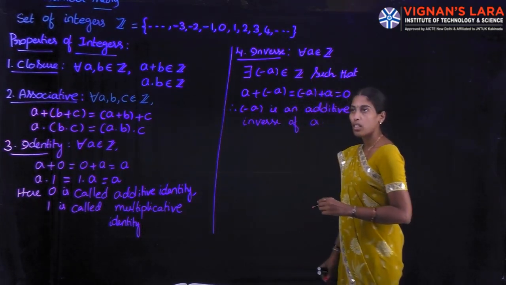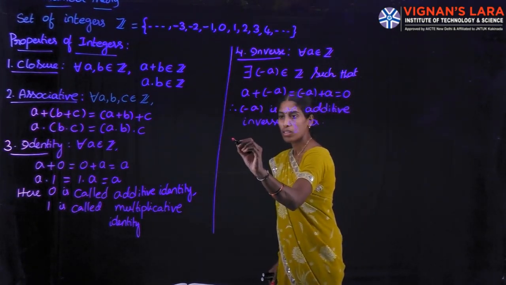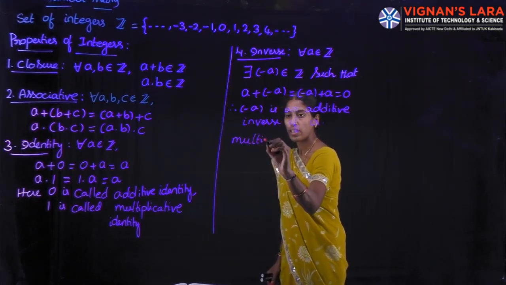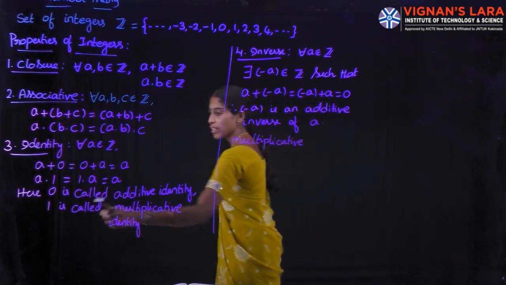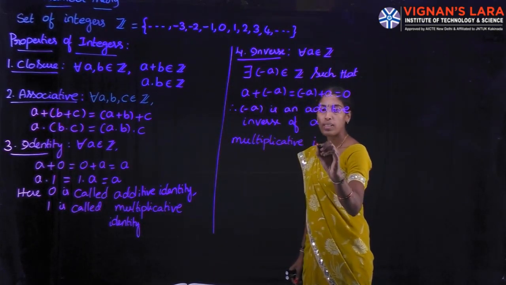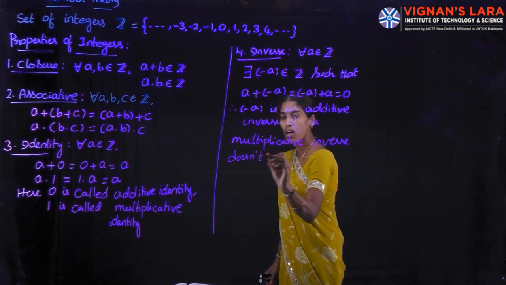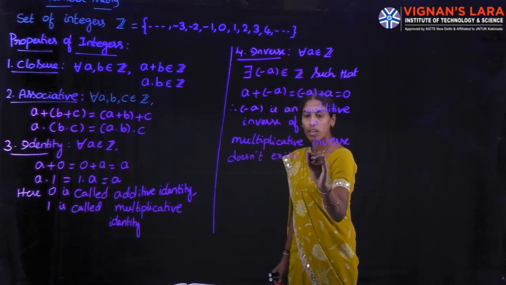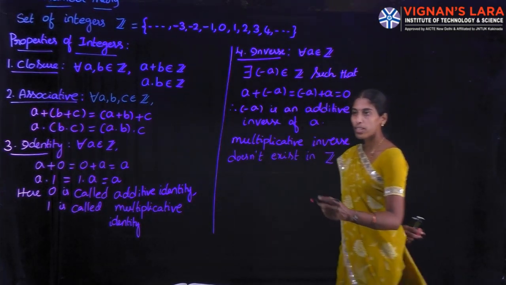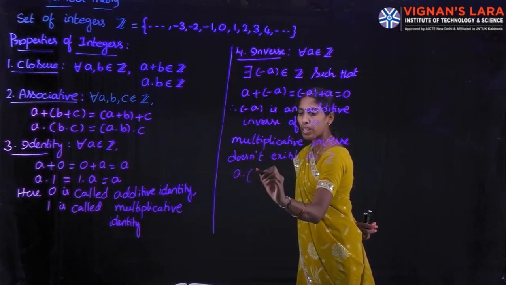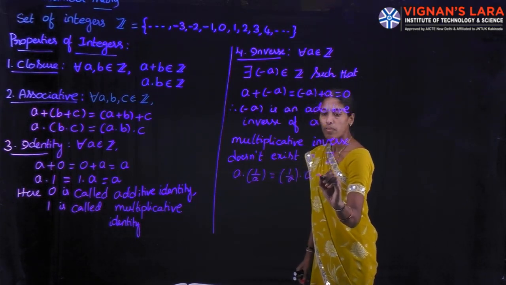So if we observe the multiplicative identity, what is the multiplicative identity? 1, right? So the multiplicative inverse does not exist in the set of integers. Why does the multiplicative inverse not exist? If we multiply a by 1 by a, we get 1.